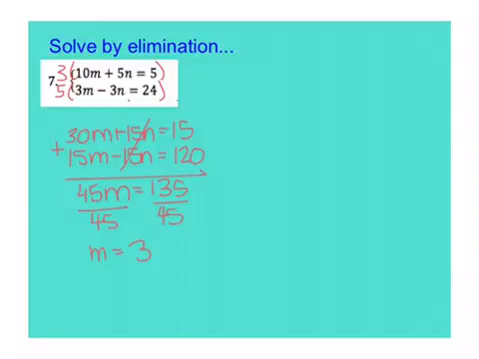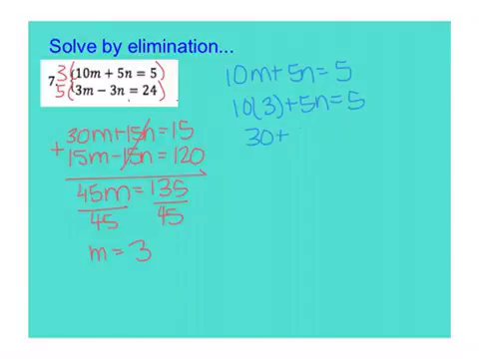So now I can take that and plug it back into one of the original equations again. So I'm going to start with the top one. 10m plus 5n equals 5. So I get 10 times 3 now, plus 5n equals 5. Keep solving for n here. We need to subtract 30 from both sides.